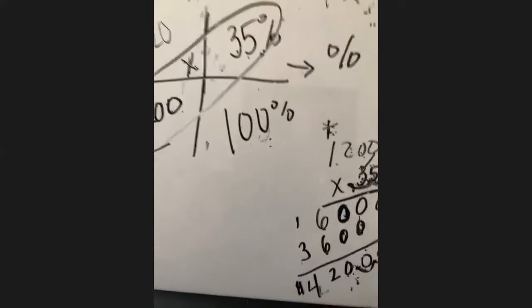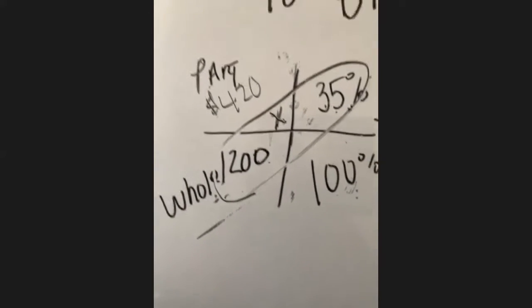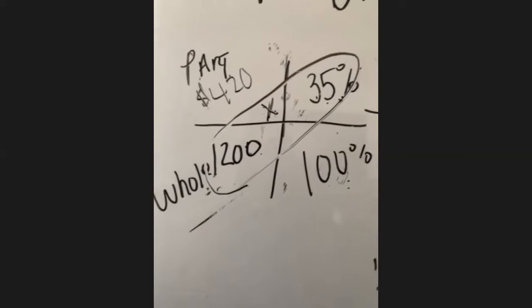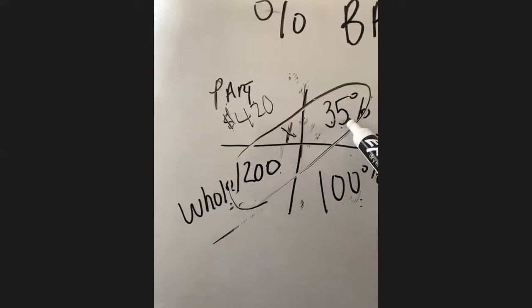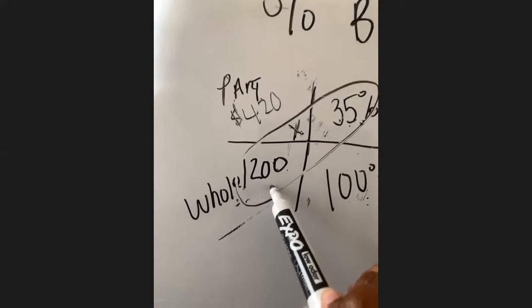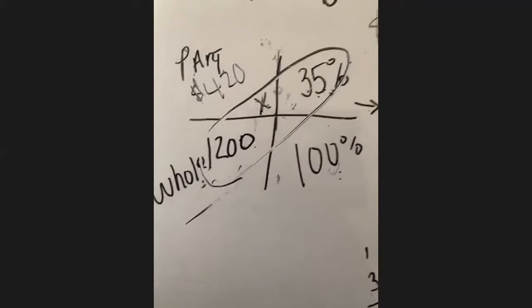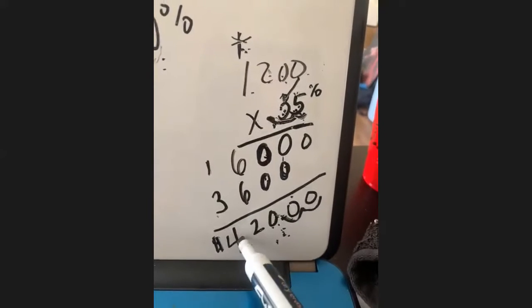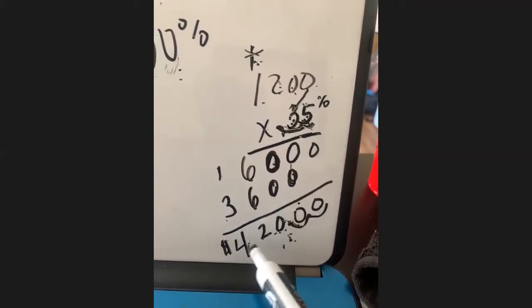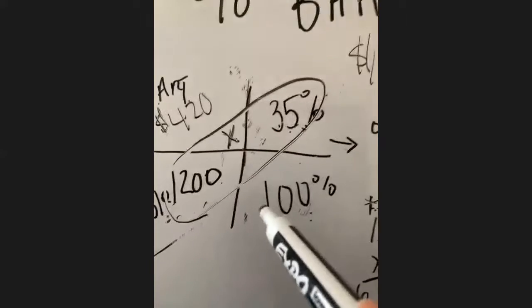But if you had a calculator, or if you just felt like doing it the long way, you could take 35 times 1,200, and that would have given you 42,000. And then you could have divided it by 100.